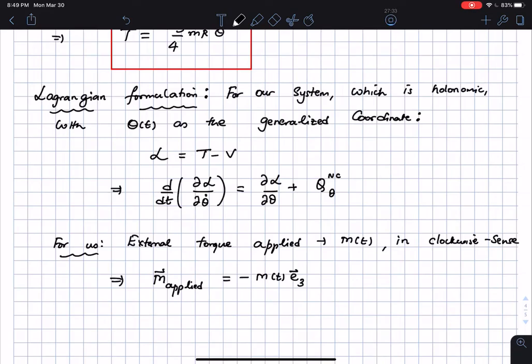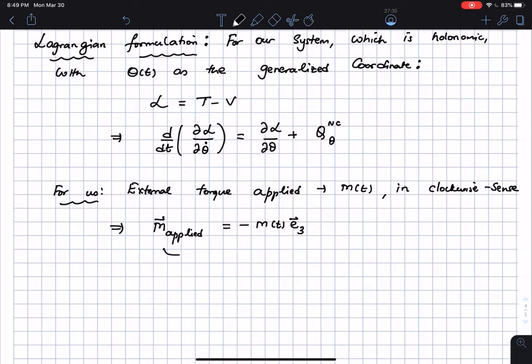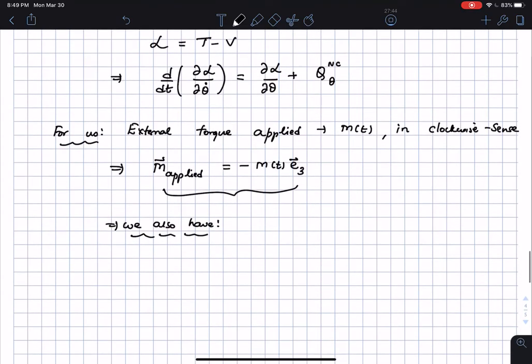That's something to keep in mind. And then we also have the following: omega of the disk, which is the body on which the applied moment is acting. This is going to be minus theta dot in the E3 direction.